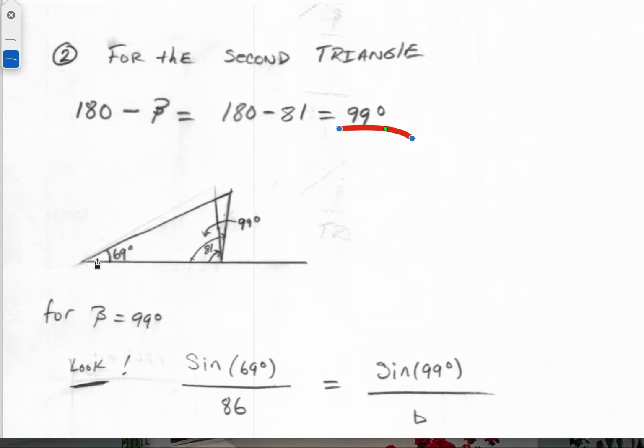For the second triangle, I have the same 69 degrees, but I took 180 degrees along this line and subtracted 81, leaving 99. I don't draw this every time. I just remember I take 180 minus the first beta and get 99, and that becomes beta for my second triangle.